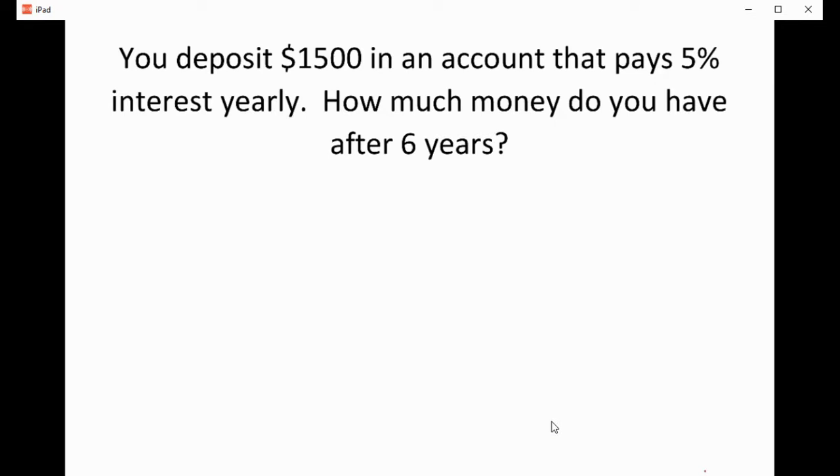So my initial amount is 1,500 and my rate is 5%, which is 0.05. The way I tell people to remember percents, technically you just divide by 100, but think of it like dollars and cents.